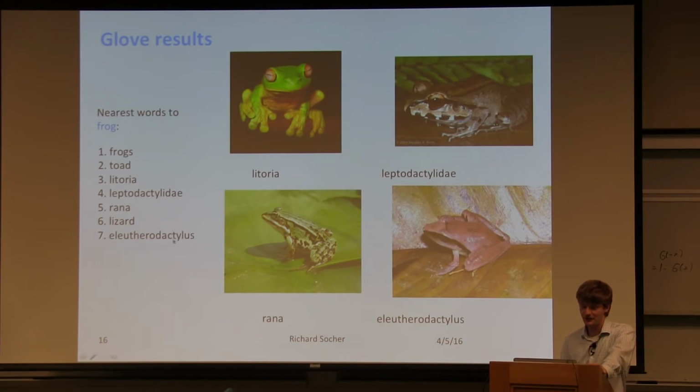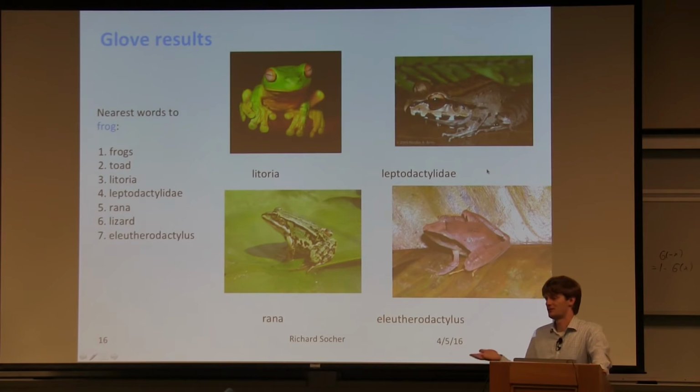So even for very rare words, this model does phenomenally well, because these crazy words here are also just different kinds of frogs, but they're just not as frequent in the corpus as simple things like toad and frogs. So it captures similarities very well between both very frequent and infrequent words.